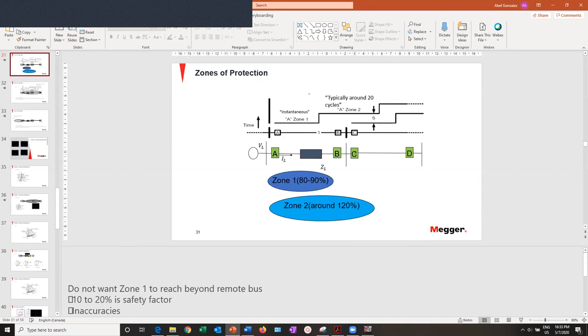So ideally it wouldn't. If it does, then you have a problem with your coordination, and you need a proper coordination study and a proper simulation of the conditions, which you can do prior to the configuration of your protection system, to address those issues.